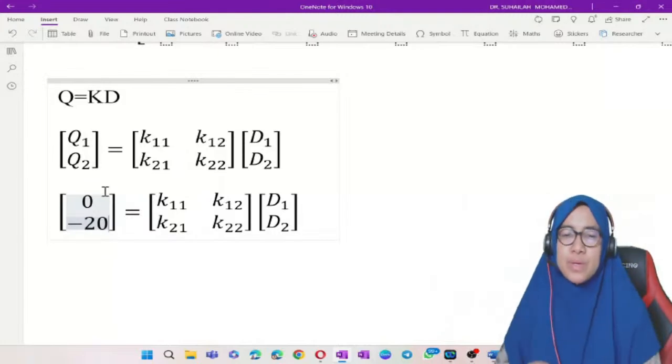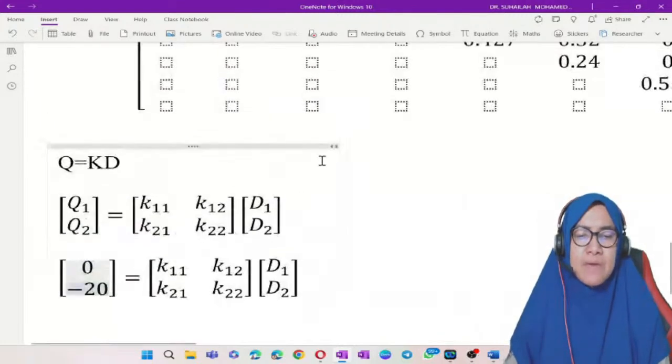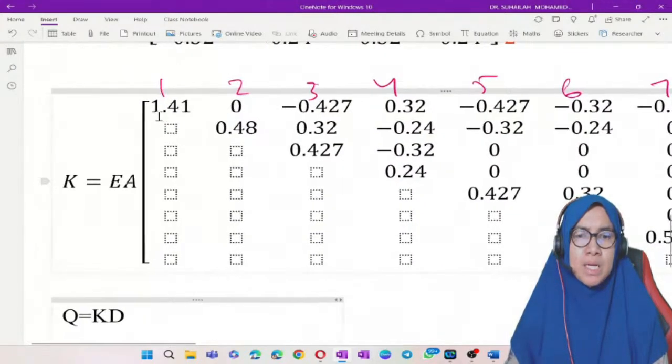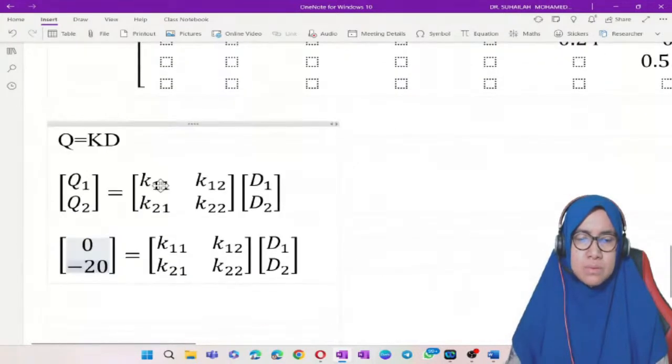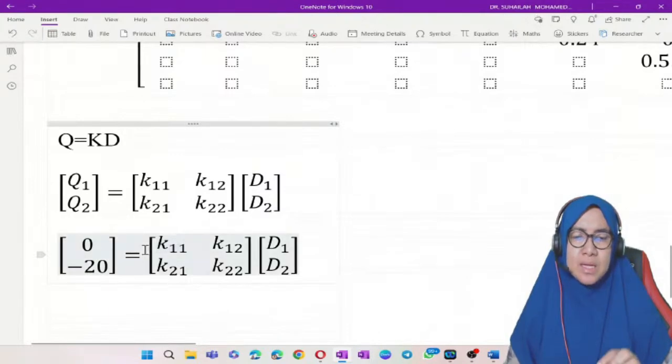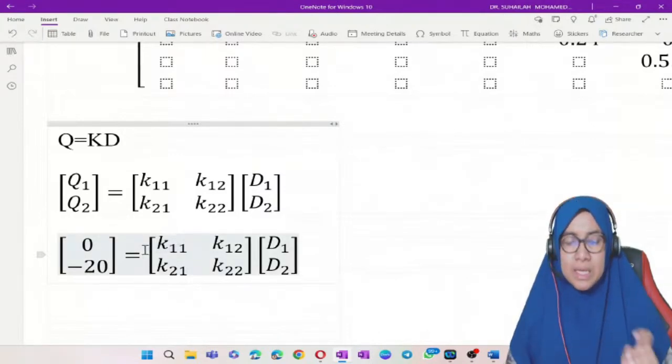Okay, negative 20. K value we just need to find from this. 1.41, 0. Don't forget it is in terms of EA.